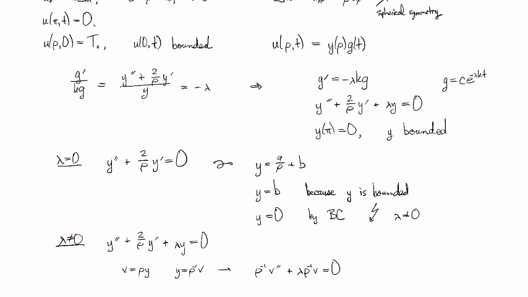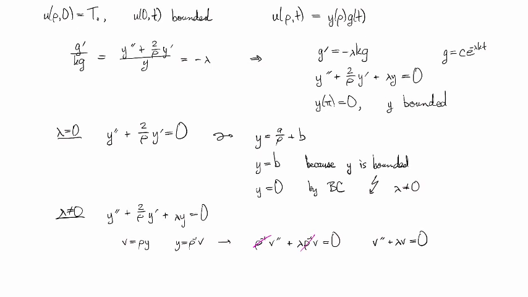And then you can cancel the rhos because those are not going to zero out your formula. And so you just end up with v double prime plus lambda v equals 0, from which you can continue the analysis.